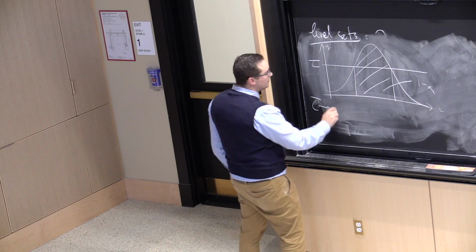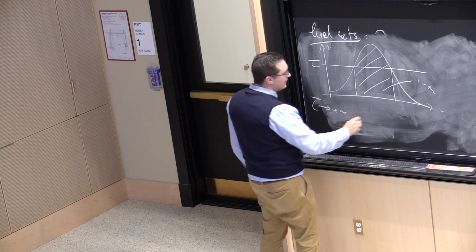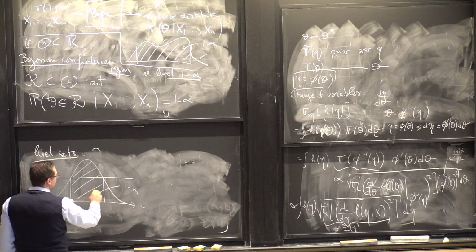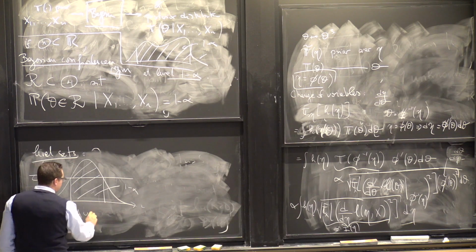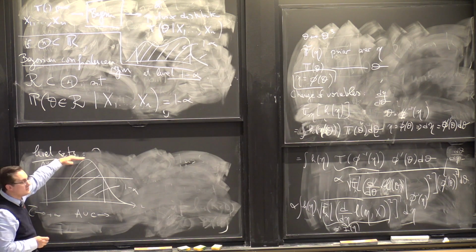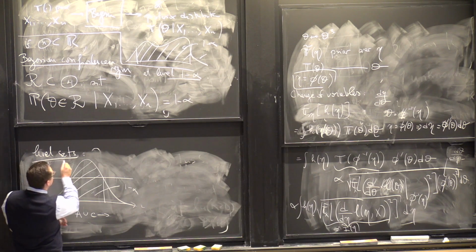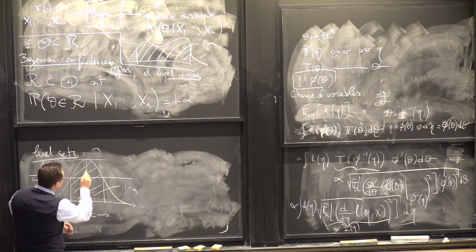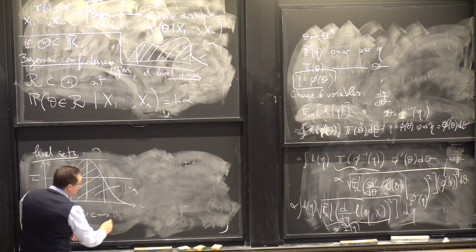If tau goes to plus infinity, think of when tau is just like right here, the area under the curve is actually going to 0, right?